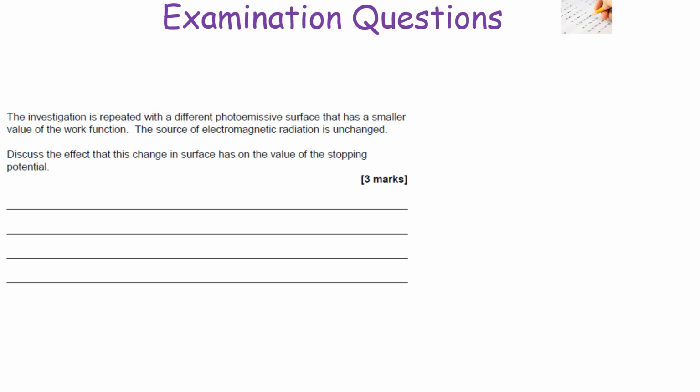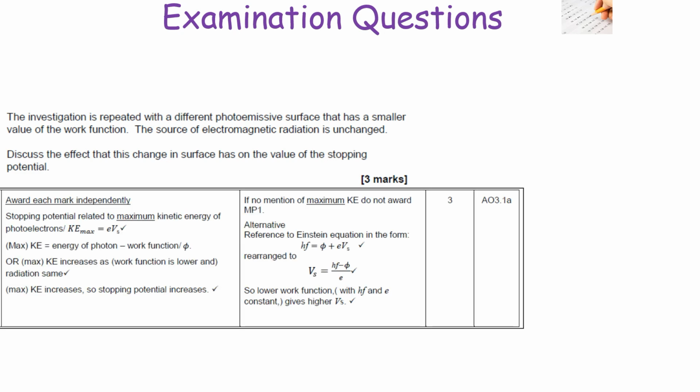Well, what you've got to remember is that stopping potential links into the electrical potential energy, which is equivalent to the kinetic energy of the photoelectron. And we also know that the total energy of the photon is split between the work function and the kinetic energy of the emitted photoelectron.